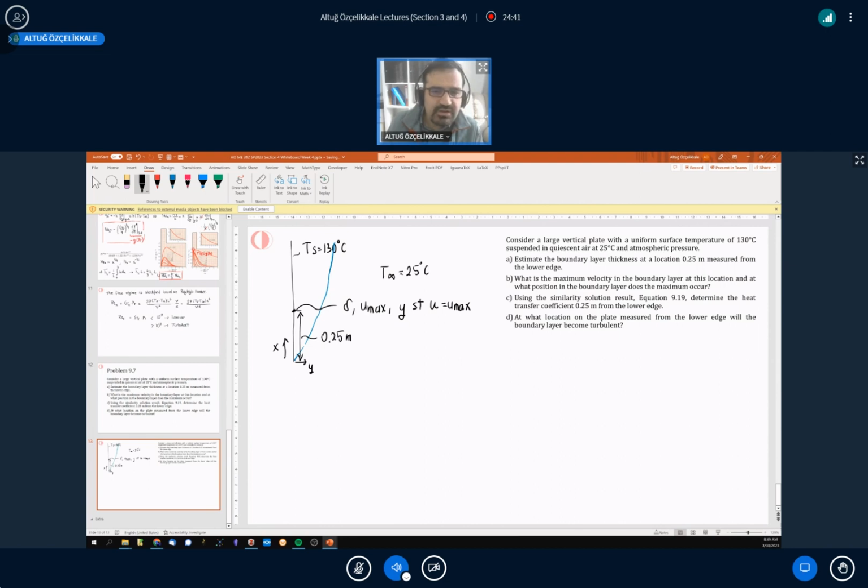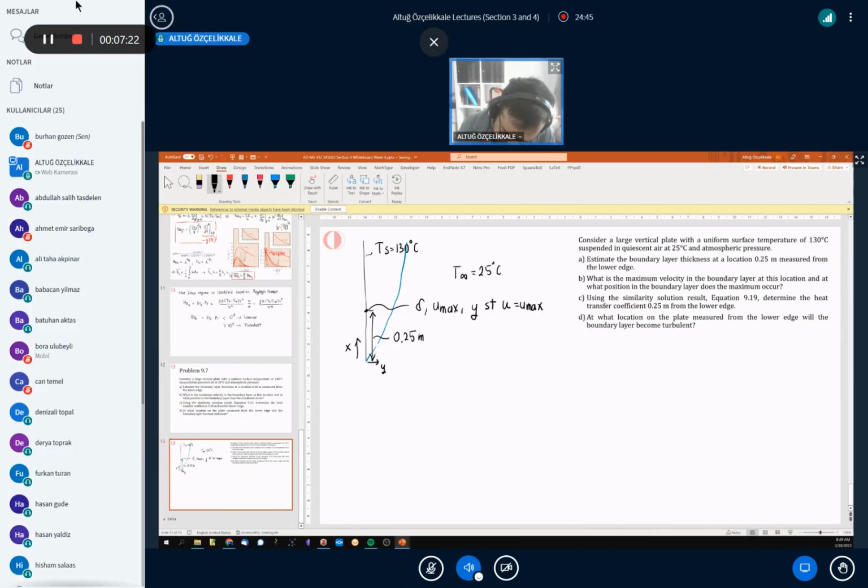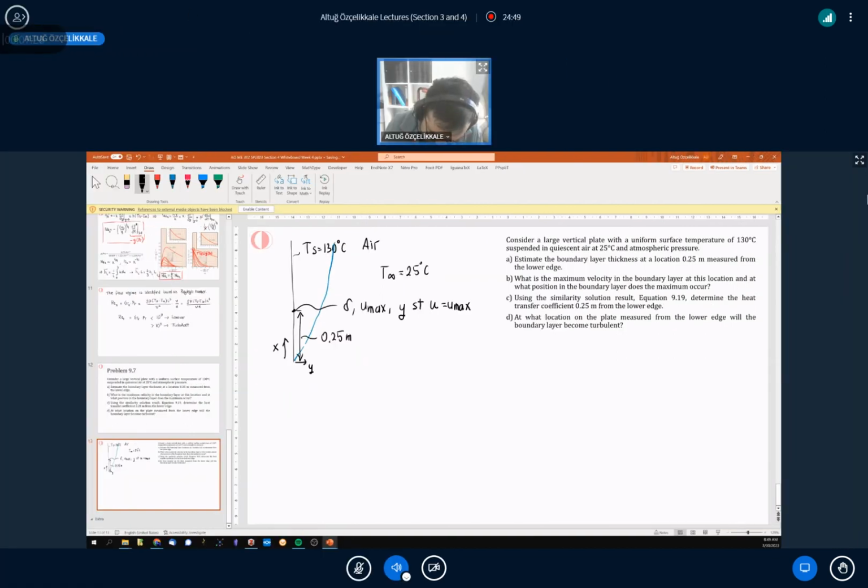Okay, so we are definitely going to need our fluid properties for that. It's air. So unless otherwise noted, when there is boundary layer phenomena, we are going to evaluate the fluid properties neither at the surface nor at the ambient conditions.